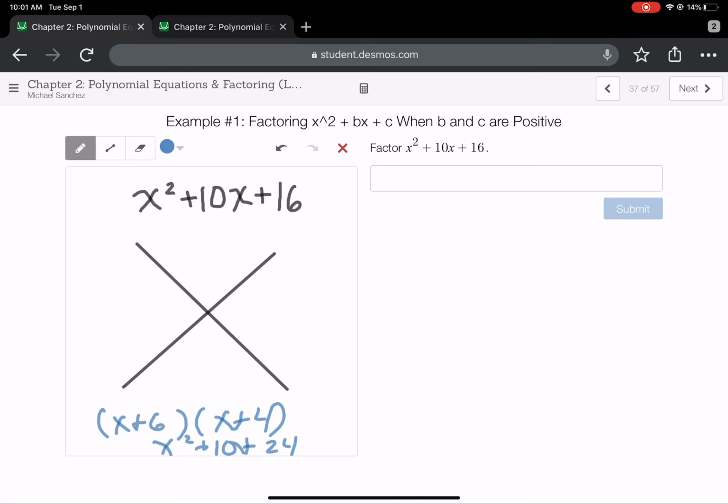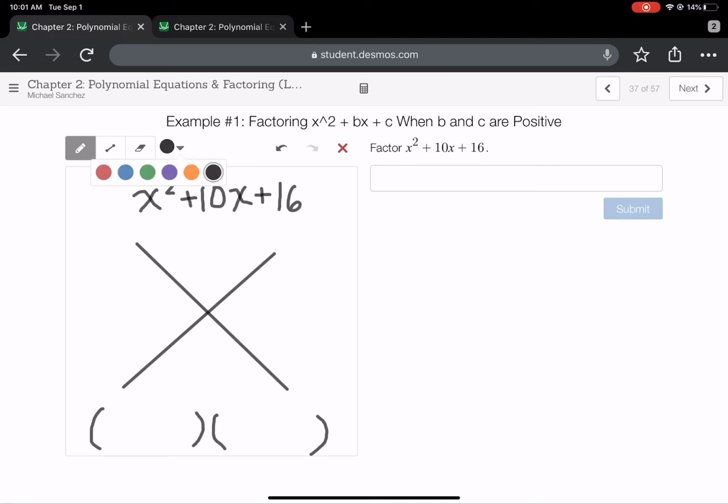So the process of factoring is going from this back to our two binomials. We're going to take a look at this polynomial, and by the end we should come up with two binomials.